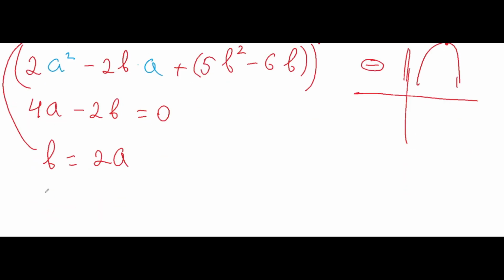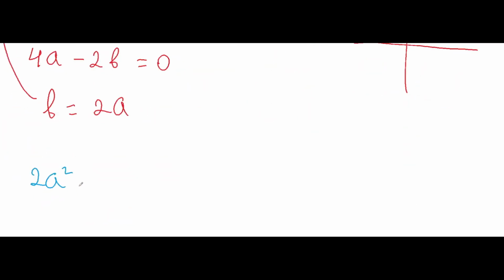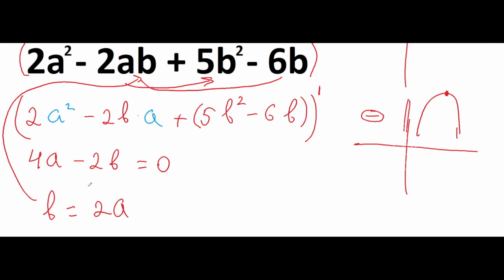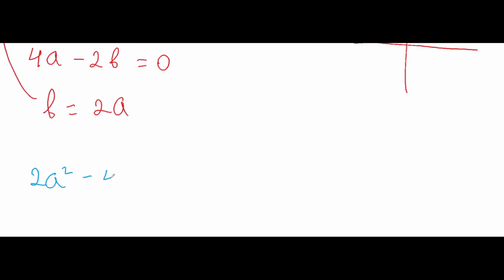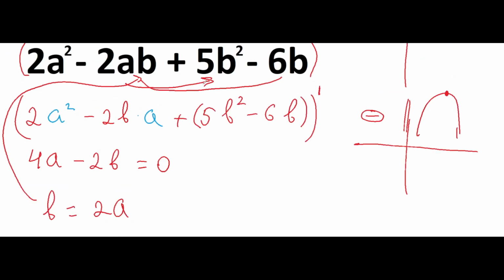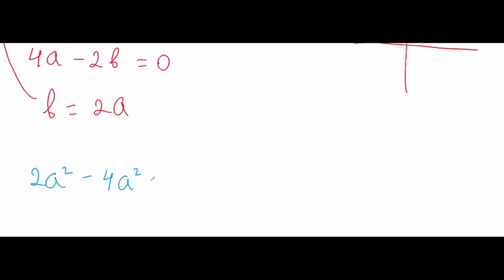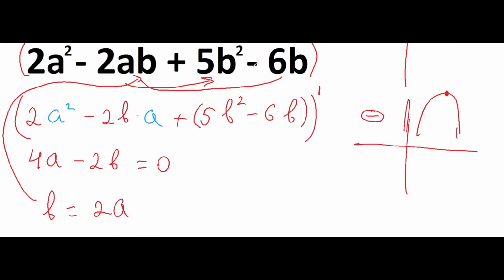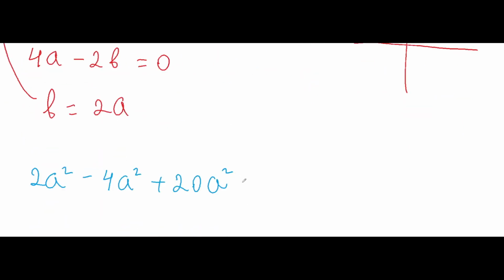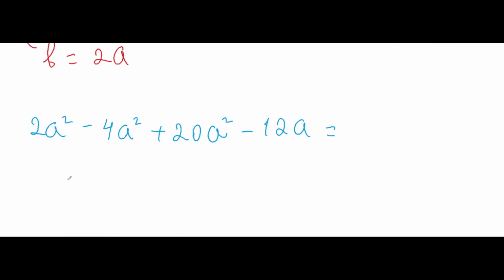Let me write it down: this 2a squared, minus 2a times 2a, it will be 4a squared, and here b squared is 4a squared, plus 2a squared, and here at the end we'll get minus 6 times 2a, it will be minus 12a.